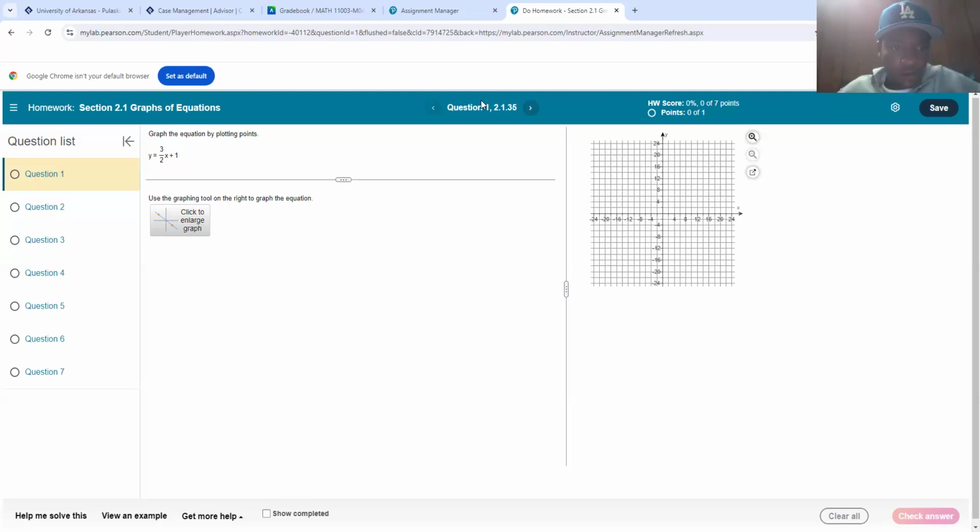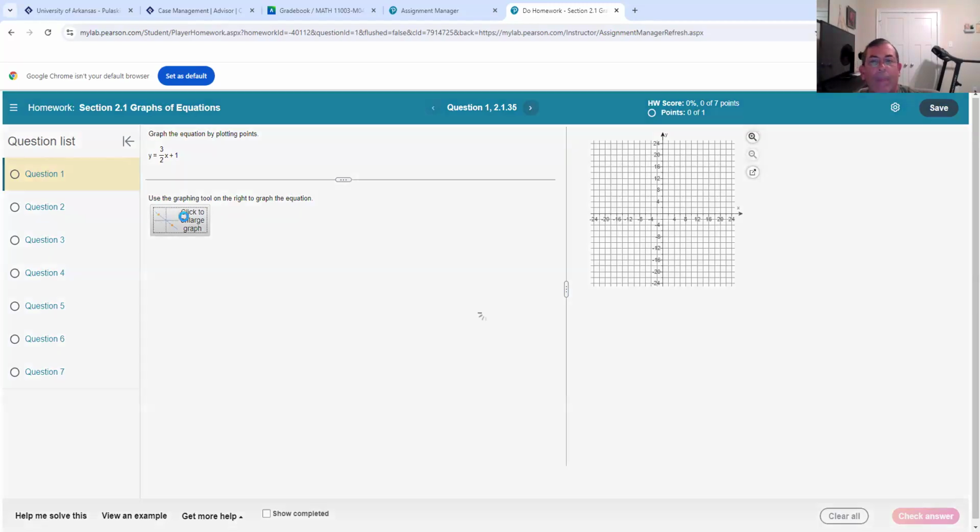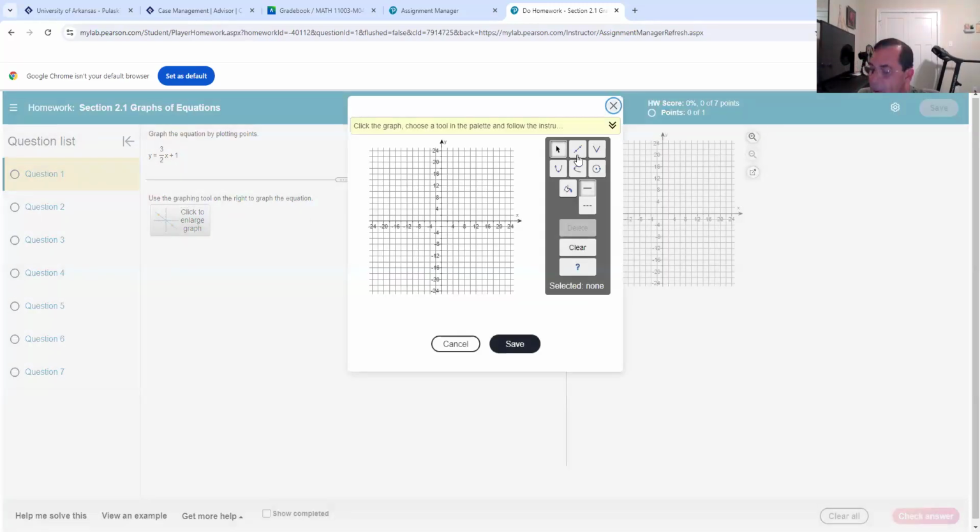Now, y'all, they changed it up a little bit, but I'm just going to show you how to graph the one I just did. So I click this box that says click to enlarge graph. Now, remember, we said we need to use the 2-point line tool, which is in the middle top row. Click that. And then I'm going to plot my point 0, negative 2. Now look in the yellow.